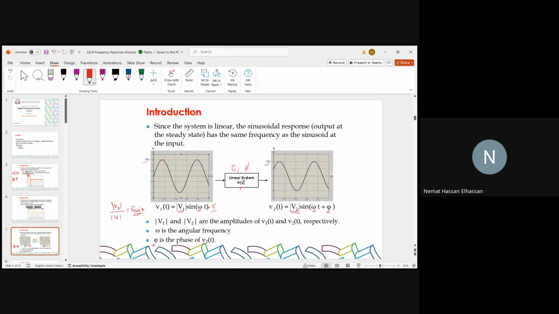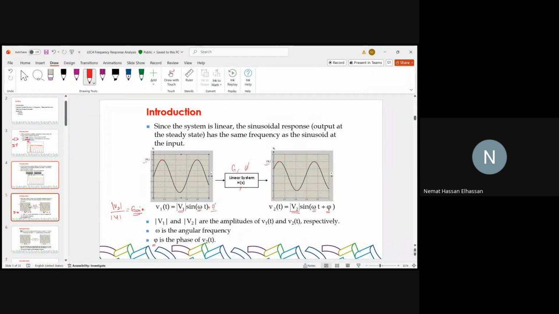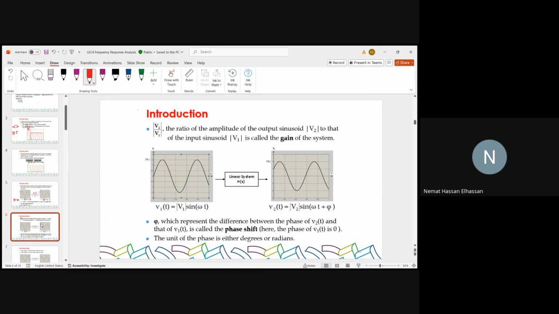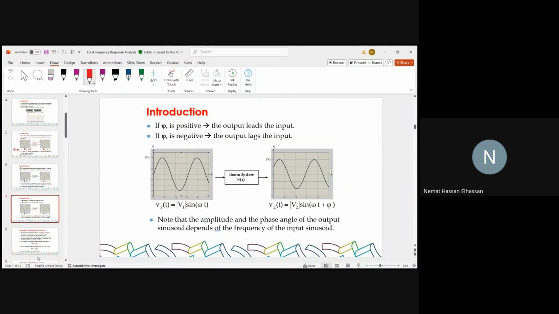If the system is linear, you expect them all to operate at the same frequency, your gain will be the ratio of the output to the input, V2 over V1, and the phase shift will be the phase difference between the output and the input. These are all concepts that we discussed in the previous lectures.